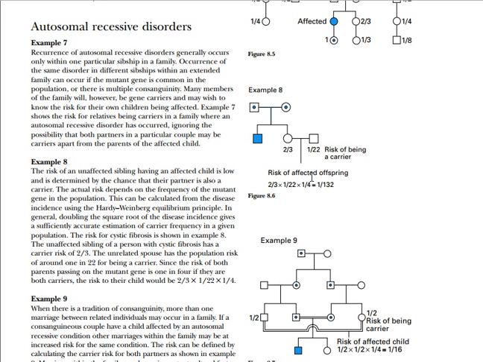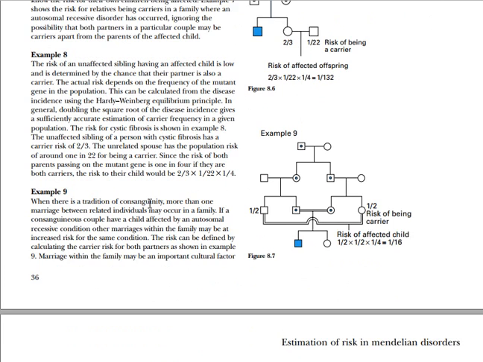And then you multiply by the risk of transmitting the autosomal recessive disease, cystic fibrosis, to the child. It is 1/4. When you draw the Mendelian segregation, you are going to see this is 1/4. So when you multiply all that, your answer is going to be 1 in 132. So that's the Hardy-Weinberg equilibrium principle.